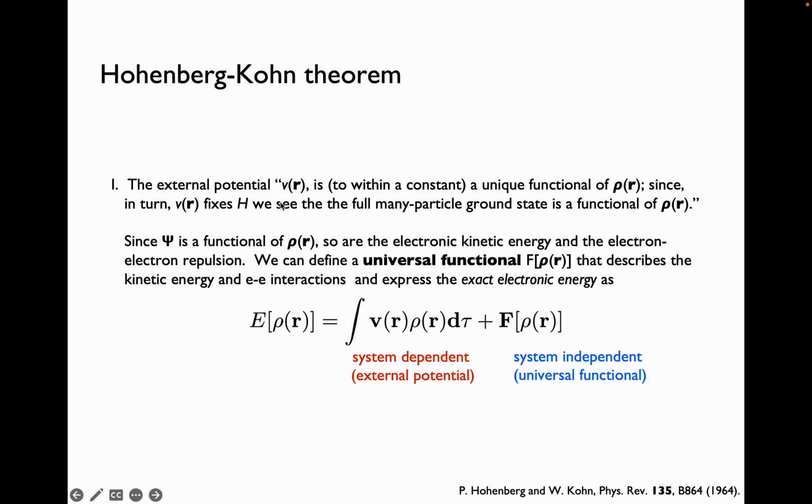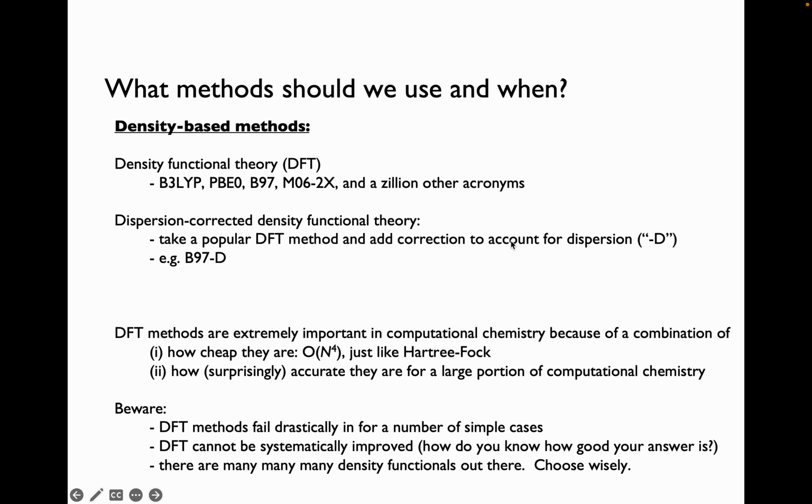This would be like the Coulomb attraction between the electrons and the nuclei, and then this functional of the density is what's encoding the electron interaction. So exchange interaction and correlation interaction. And so the problem is we don't know what that functional is. Okay, but in principle it exists.